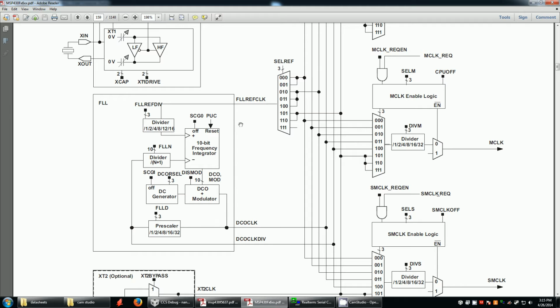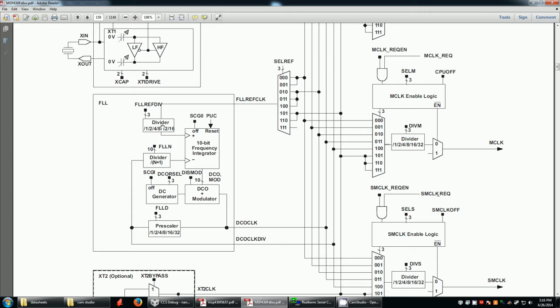So the way this works is you have the DCO modulator, and you configure it with its bits. If you're not familiar with the DCO, you should go study that and then come back to this, because I don't cover the DCO. If there's enough interest, I could do a video on it, but you just have to let me know. But this is your main clock output, and you're going to configure this.